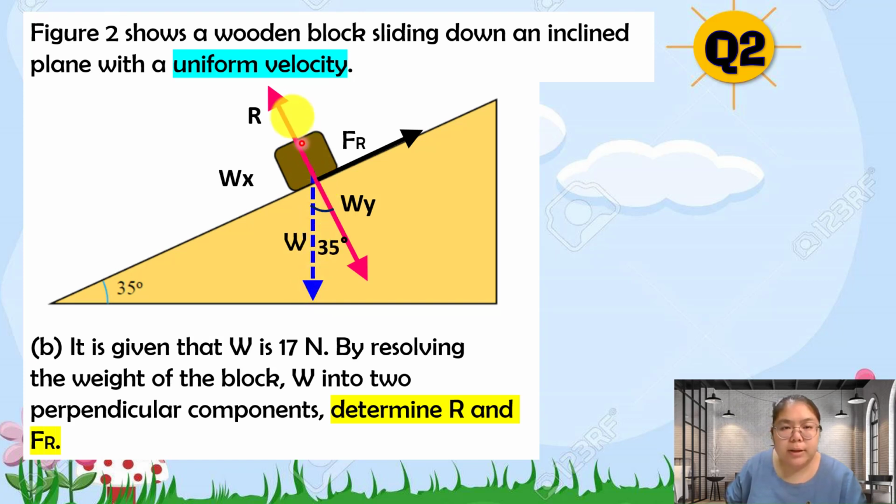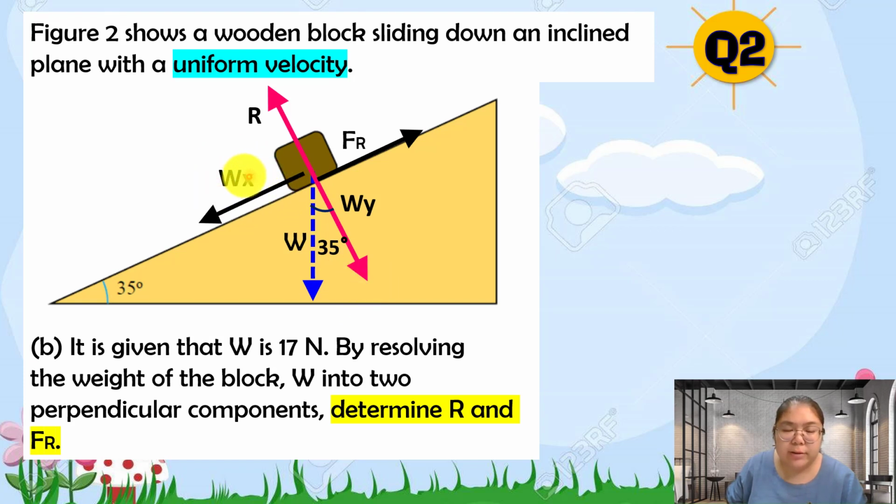Okay, so from here the R we can extend, become longer. After that we need to draw another line. This one is WX. If I bring the WX to come here, actually you can say it's FX, because now we're using W, we never use the F. So we label this one as WX, this one is WY.